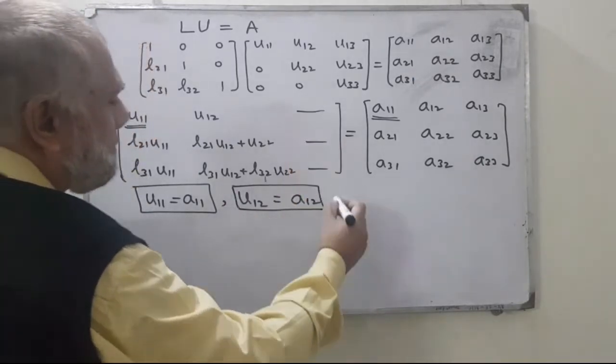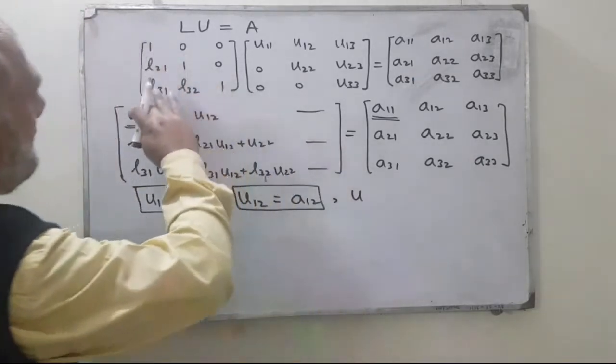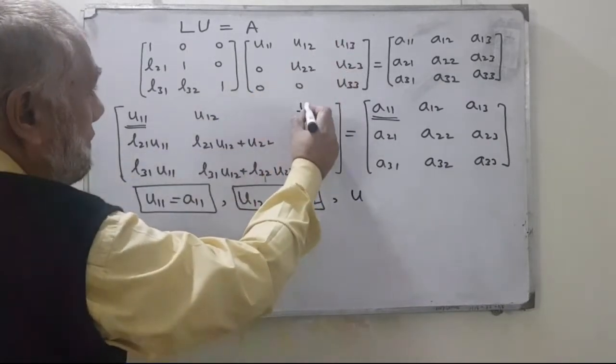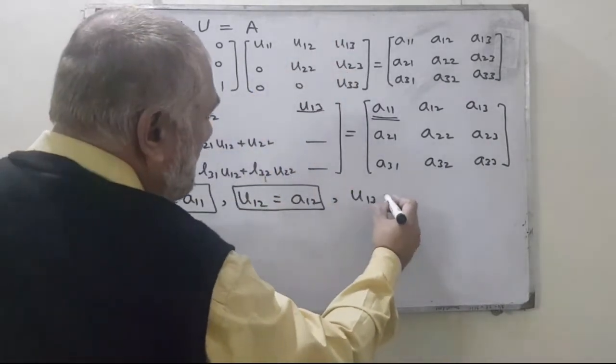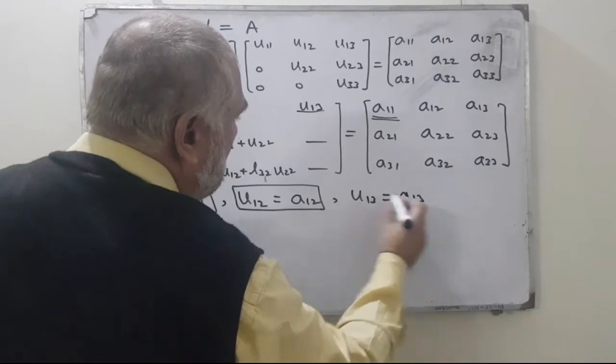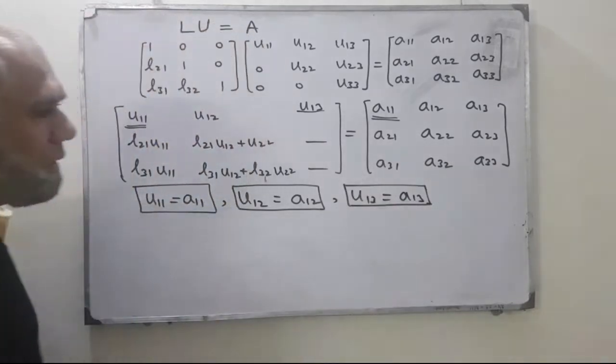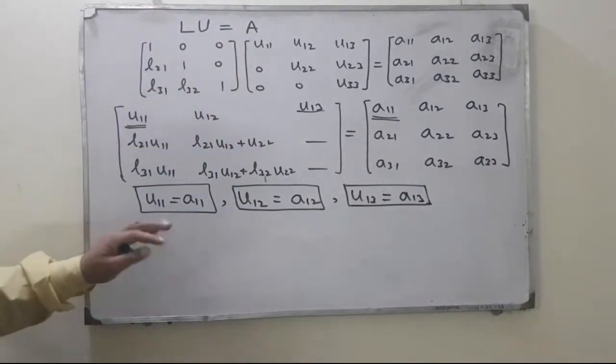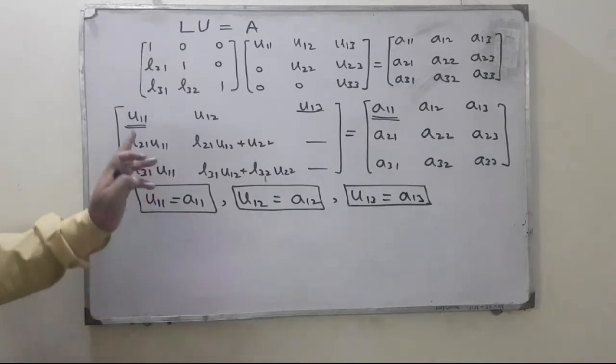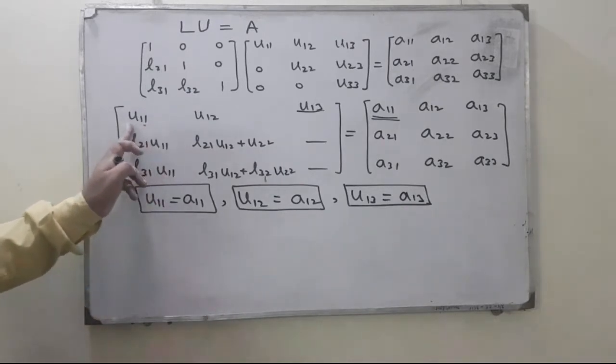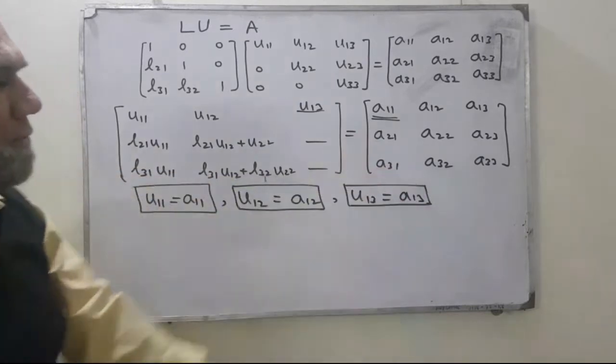And here it will be, of course, U13. If you multiply this row with this one, this will be U13. So here we can get U13 is equal to A13. Through this way, we can calculate all the other elements. We got the first three elements by comparing these corresponding entries to the right side matrix.